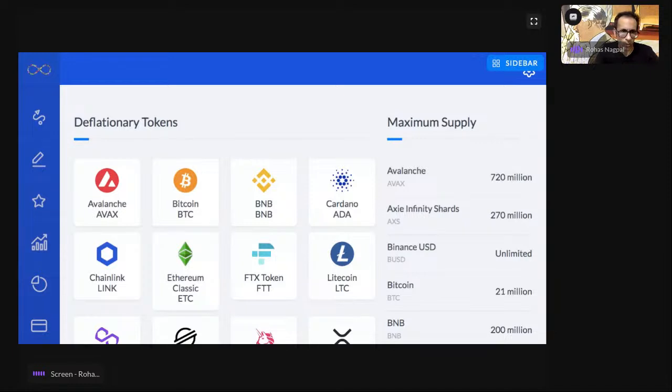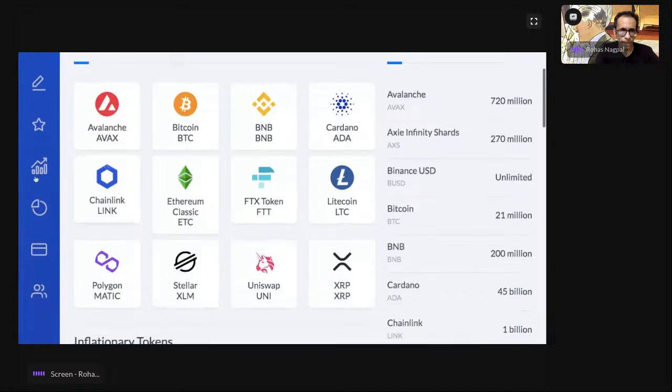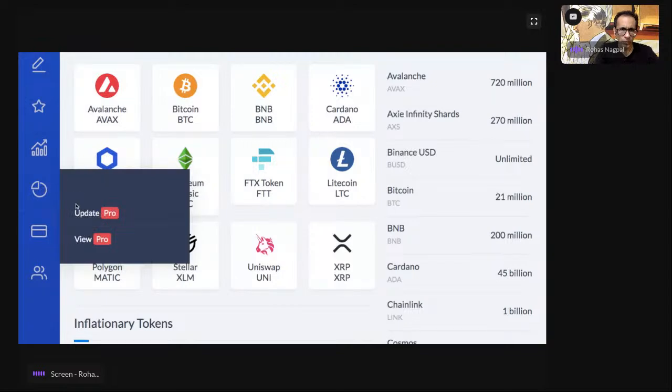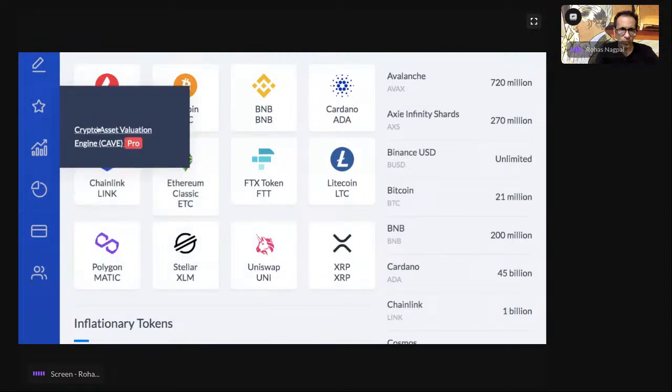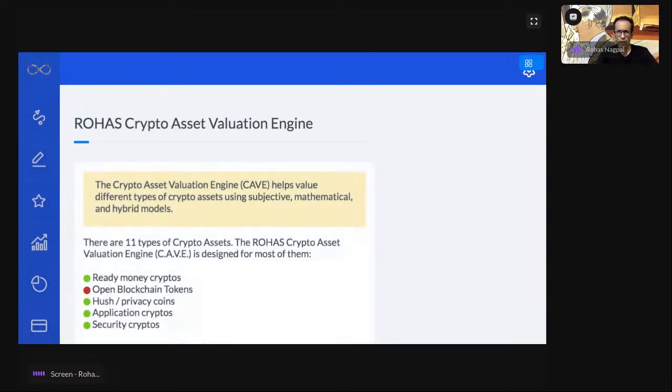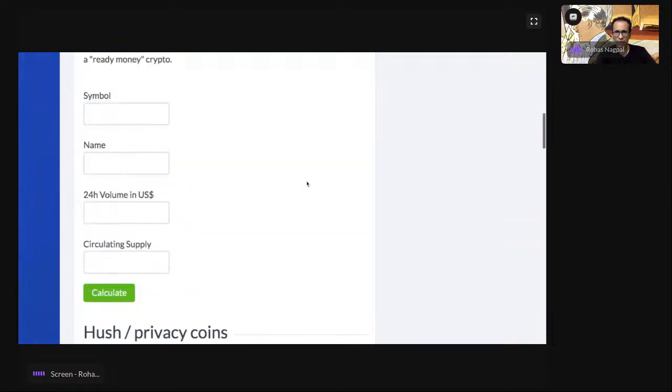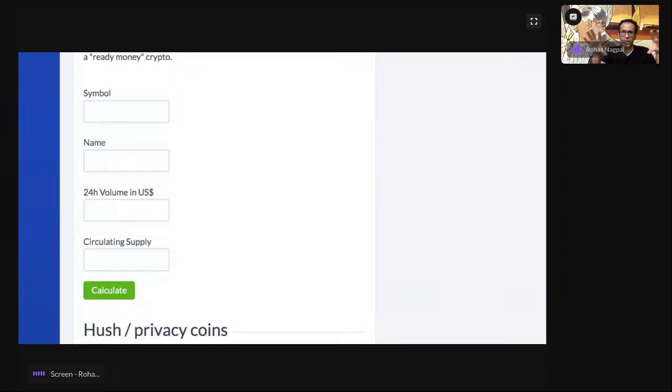Okay. So how I do valuation, let me tell you. I've divided cryptos into 11 types. Out of these 11 types, the ones that you can see in green, I do valuation for those. So I do it for ready money cryptos like Bitcoin, privacy coins like Monero, application and security coins, governance tokens, and public blockchain natives. And for each of them, I have developed different methods.